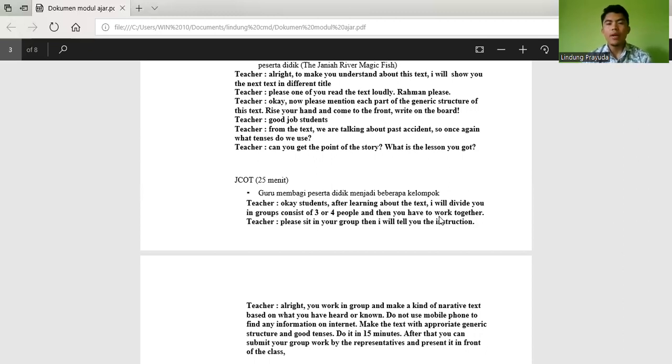And after that, they are instructed to use the appropriate generic structure, appropriate tenses, and the moral value based on the story. And after 15 minutes, they can submit their group work, with a representative of the group presenting their work in front of the class.